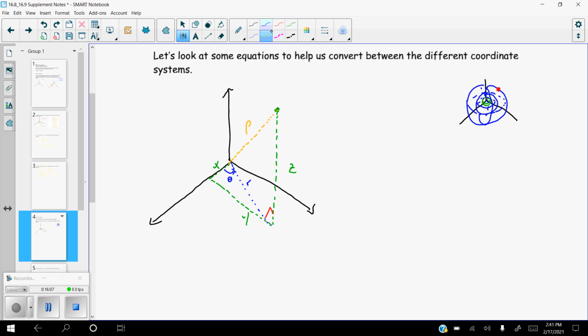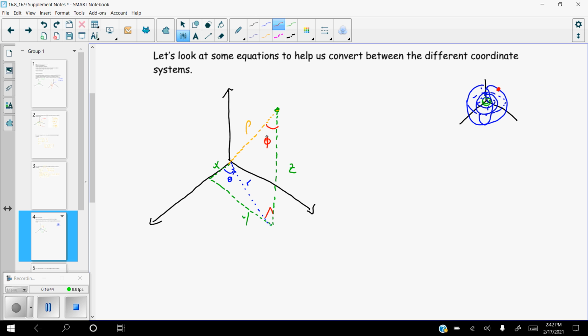There's another angle which is created right there. We are going to call that angle phi. The nice thing is that the z value in green and the z-axis itself are parallel. The orange part is what's called a transversal from back in geometry, cutting between two parallel lines, which means the alternate interior angles are equal.